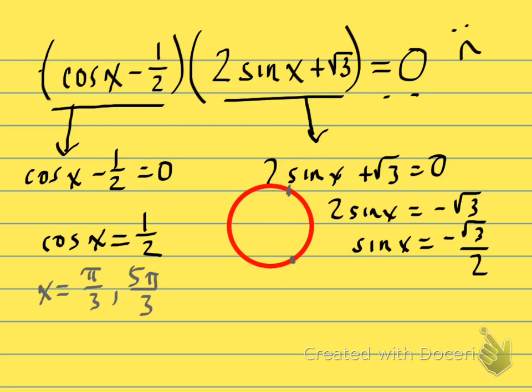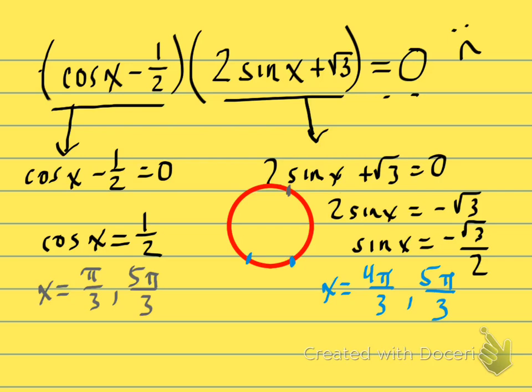And then for the other problem. Let's see, the sine one. Sine x equals negative root 3 over 2. Gee, that's right there and right there. So there's two of them. So for this one, we kind of get a little twofer here. We get x equals 4 pi thirds and 5 pi thirds. So we had one answer that kind of overlapped.